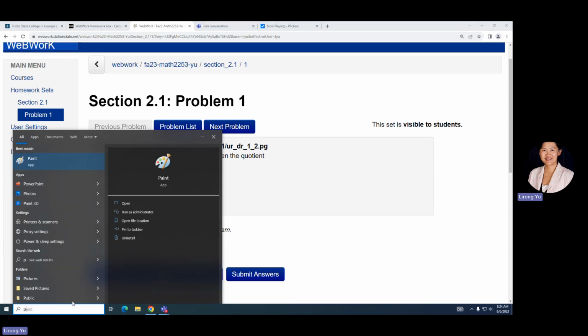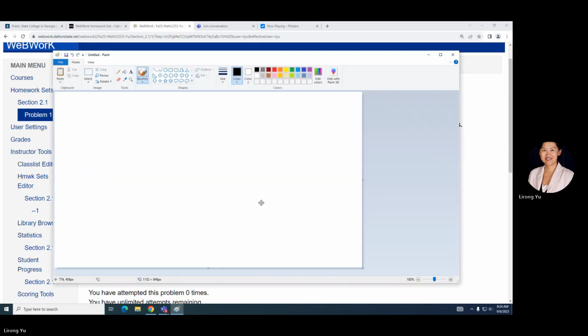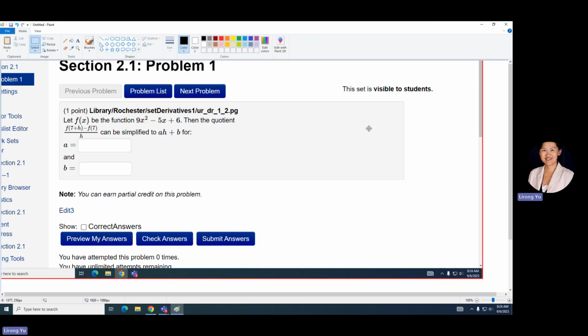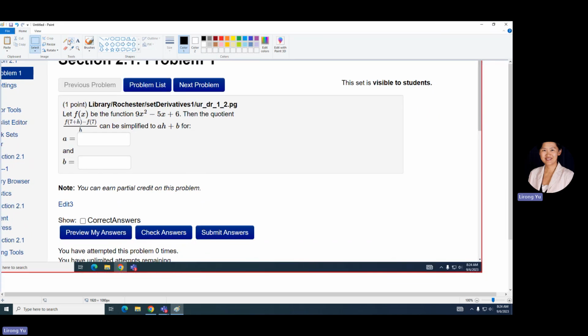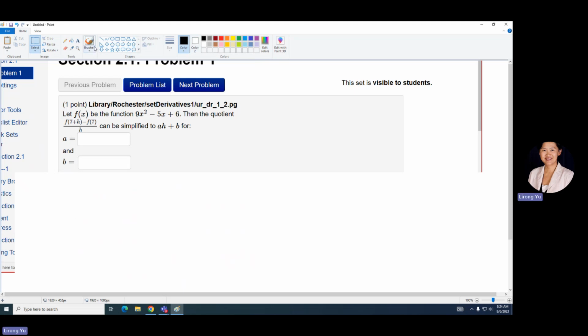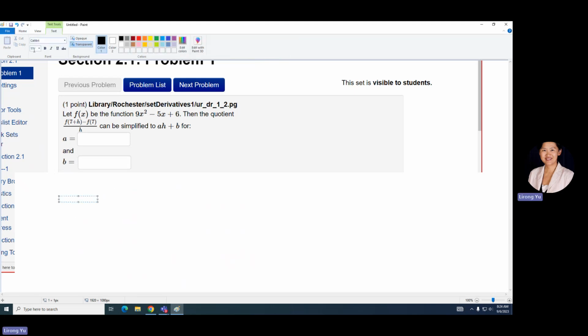If I write on the board, we're trying to calculate this division: f of 7 plus h minus f of 7, that's the numerator, and the denominator is h.